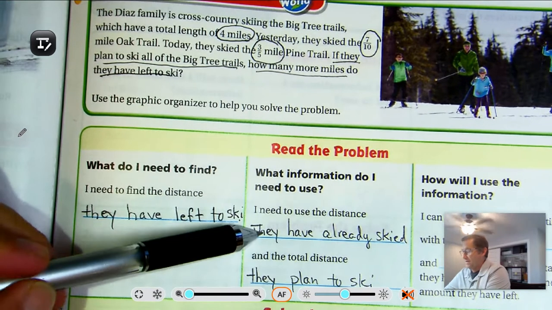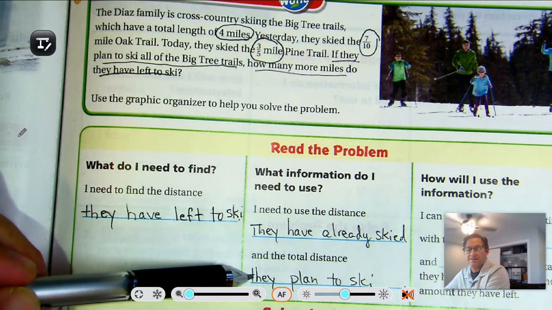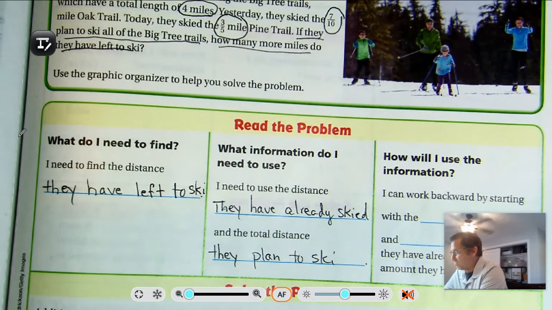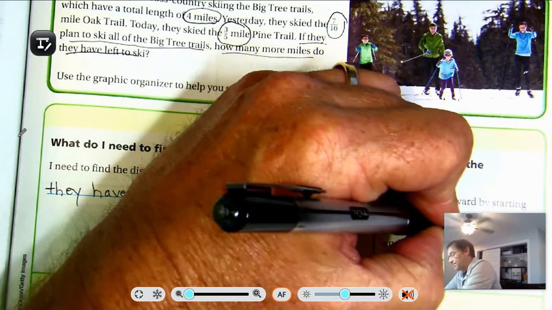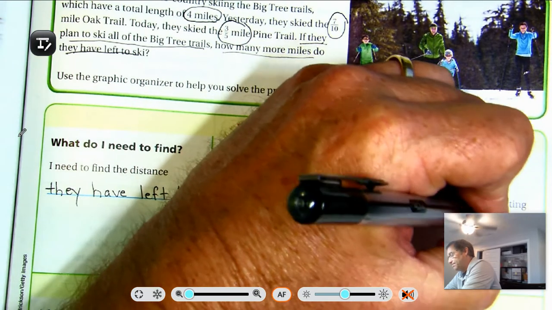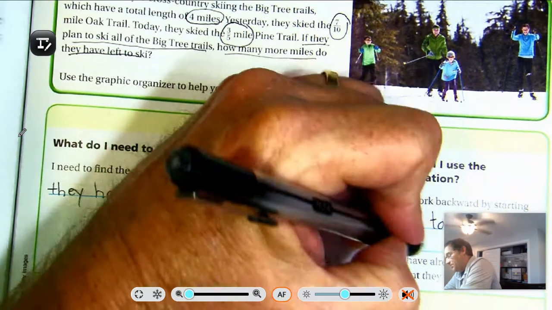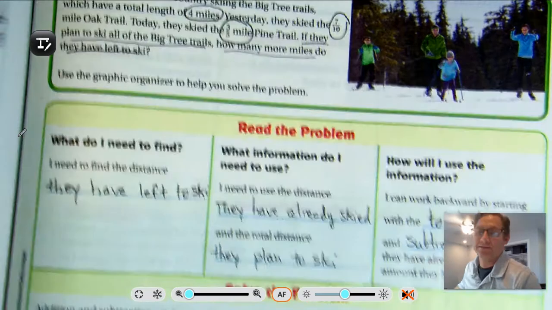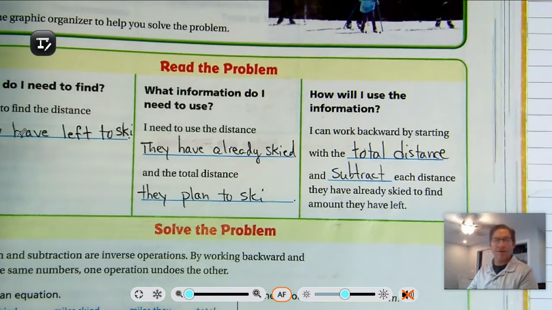If you add what they've already skied plus how much they plan to ski, that'll give us the total amount. So I can work backwards by starting with the total distance of 4 miles and subtract each distance. That'll give us how much further they have to go to reach 4 miles.